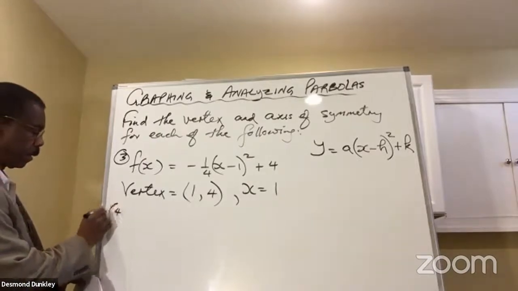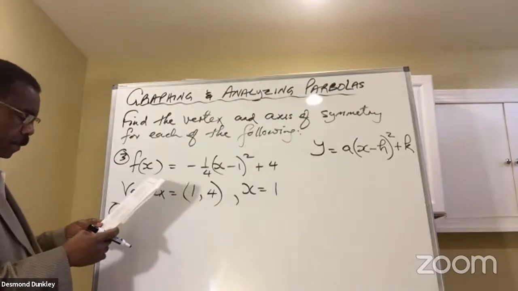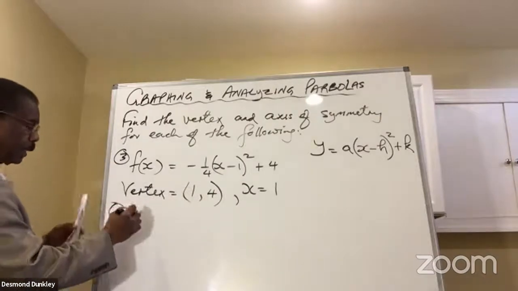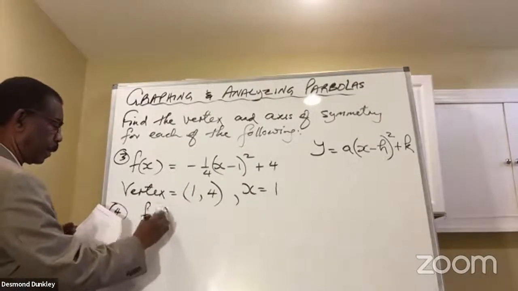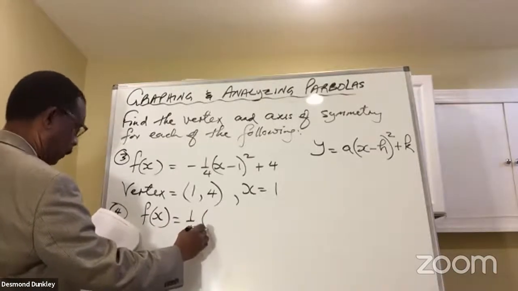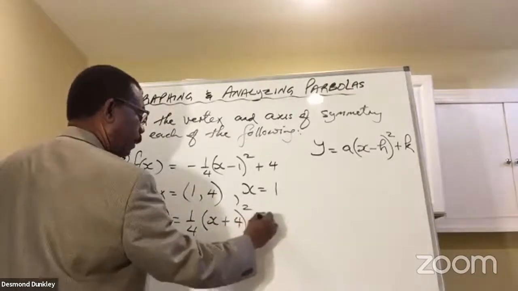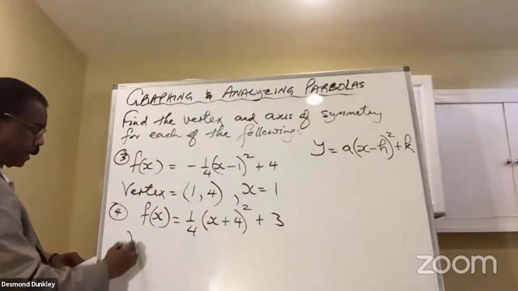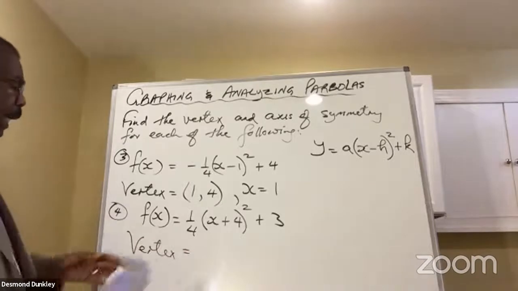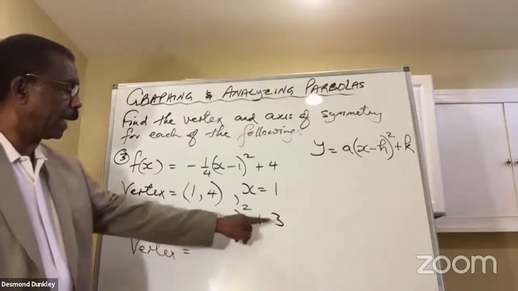Number 4. Okay, this is the last one for this. So f of x equal to a quarter times (x plus 4) squared plus 3. So the vertex will be equal to, again, we don't need to worry about the a, we just need to worry about the h and the k.